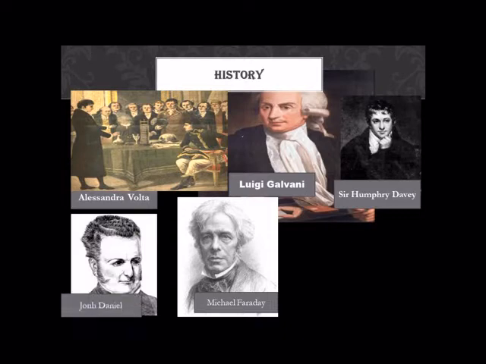The Daniel cell is very common to everyone, and about the Daniel cell we will learn about its construction and the types of metal electrodes he used. Basically he used zinc and copper electrodes dipped in different solutions, and it was one of the historic achievements that the first primary cell was developed.